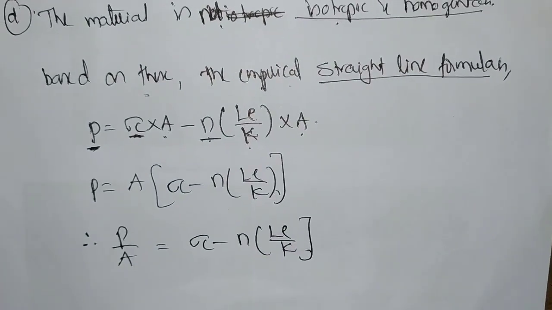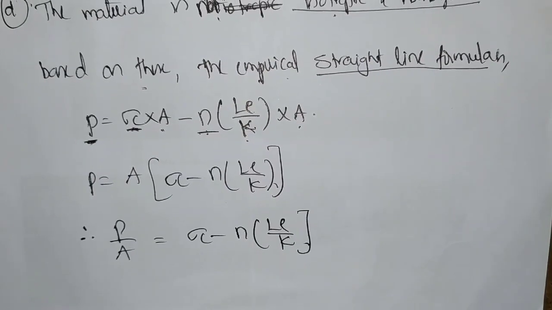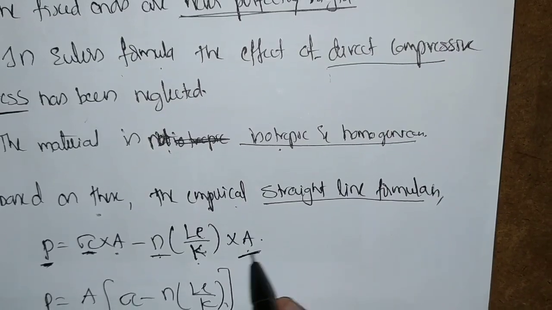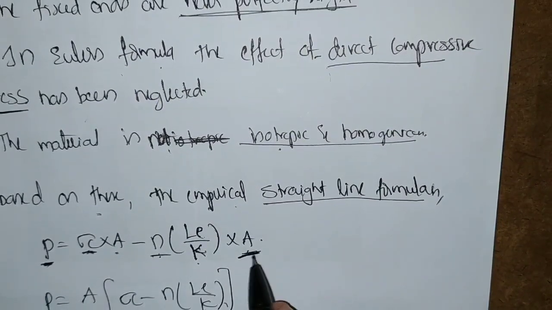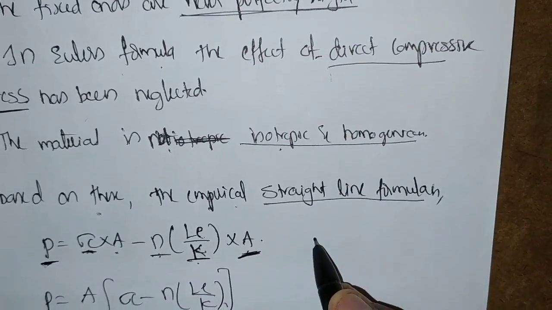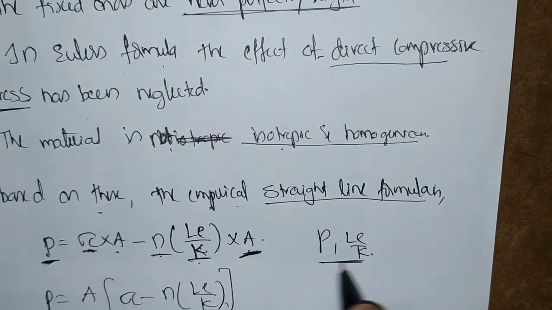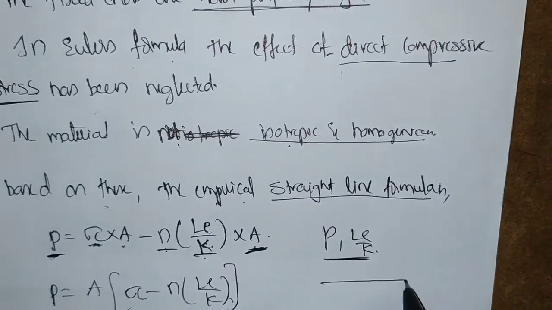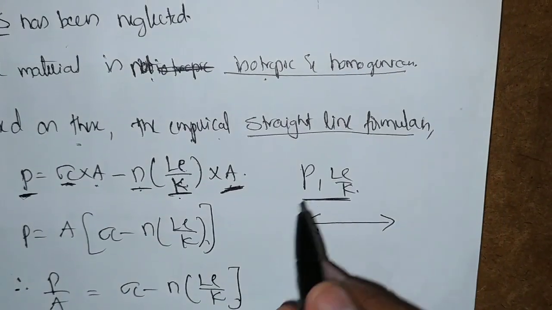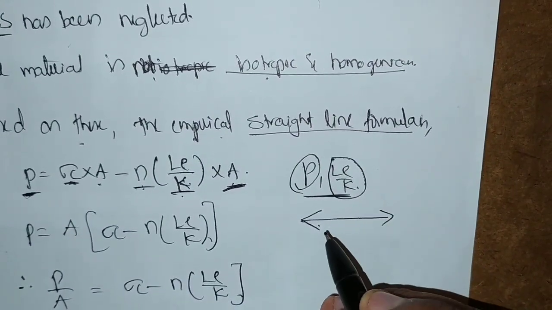If you plot the graph between P and Le by k in this equation, the plotted graph will come as a straight line. That's why this is known as the straight line formula, the relation between crippling load and slenderness ratio.